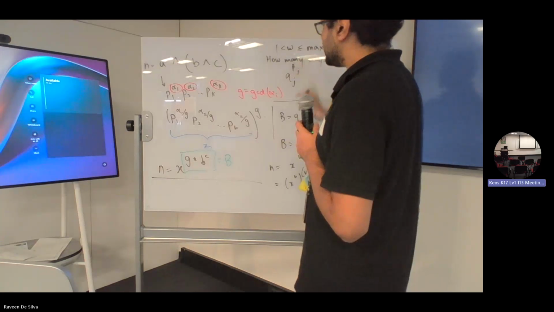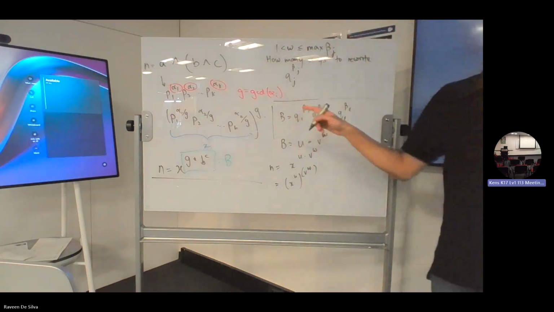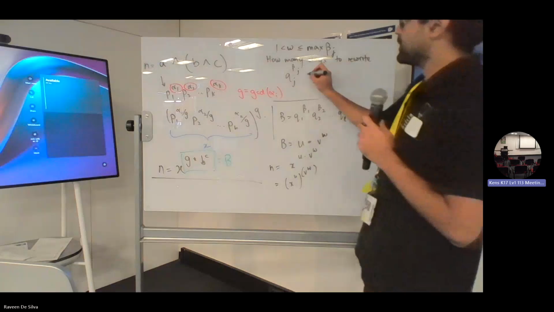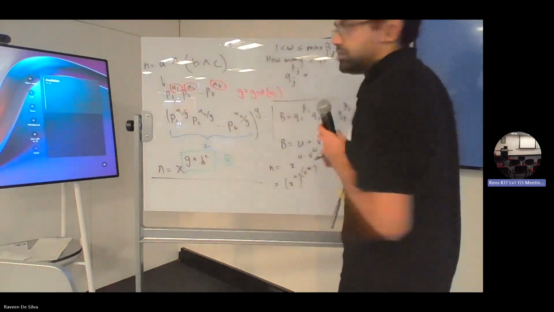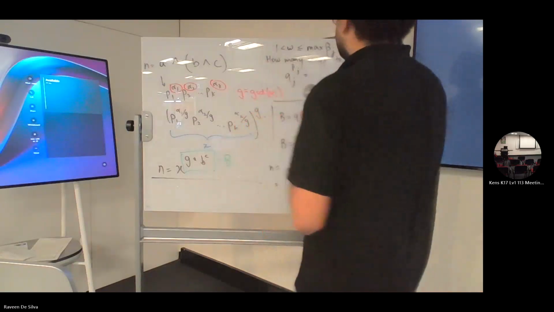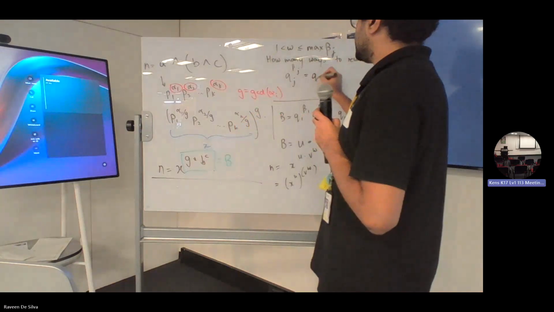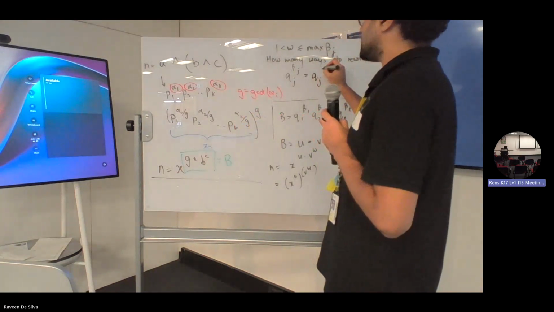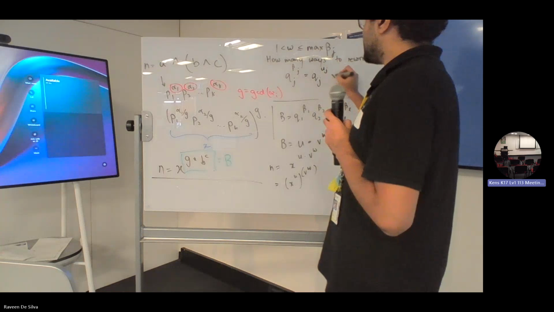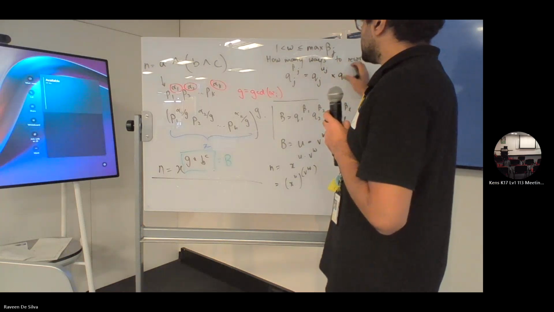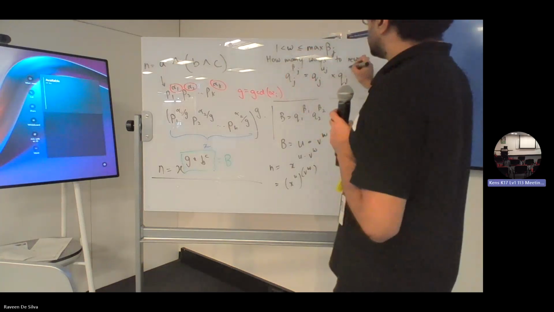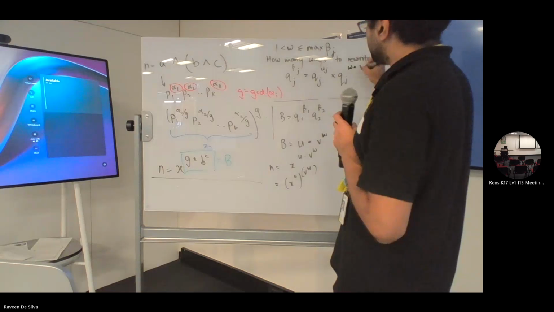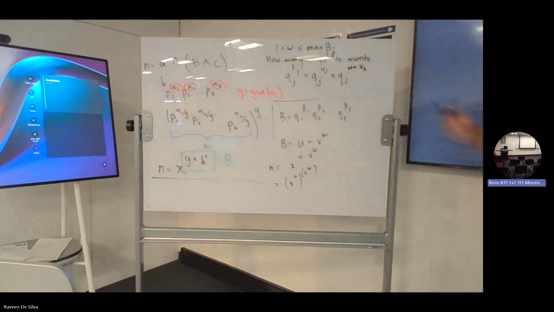This is one term in the prime factorization of the big exponent capital B. We want to rewrite this in the form q_j to the u_j times q_j to the power of w times v_j.